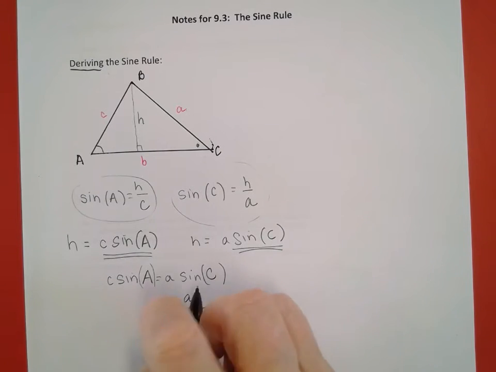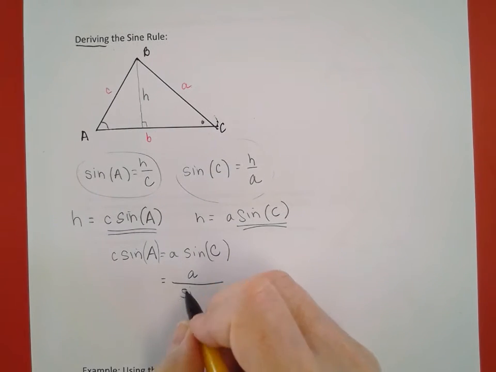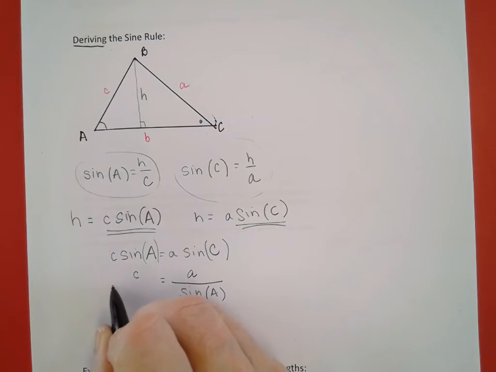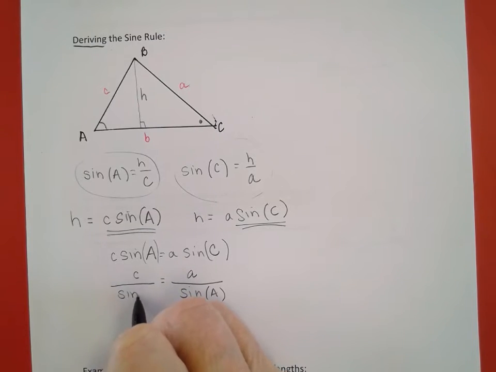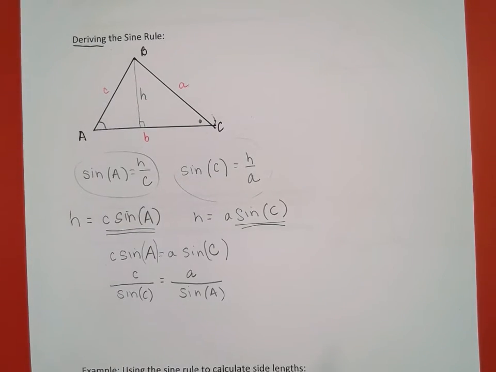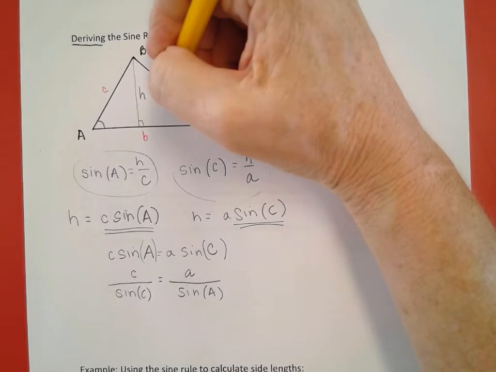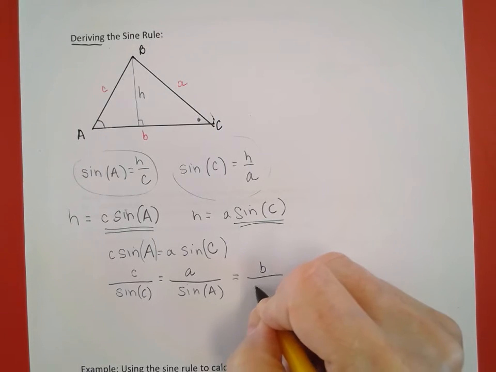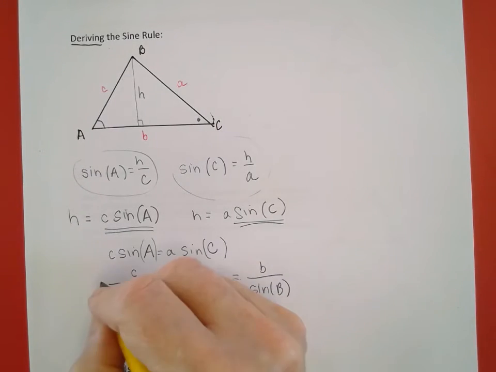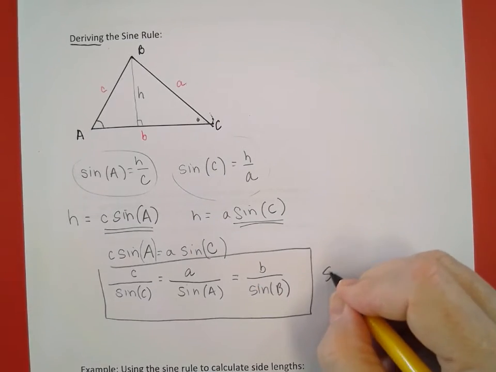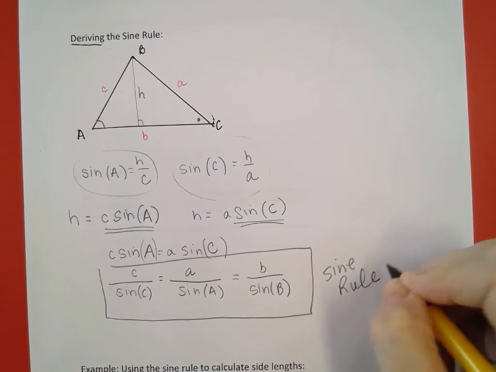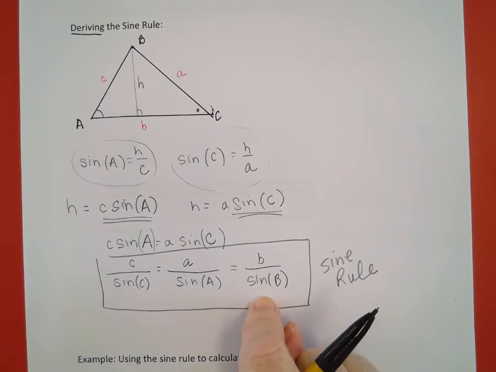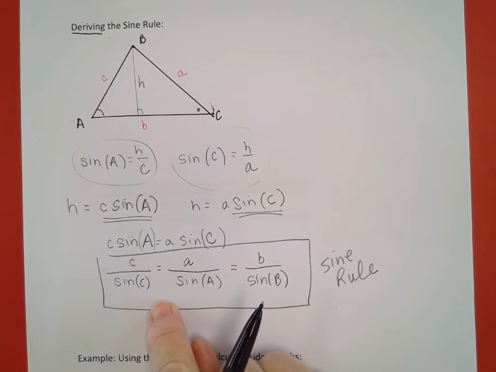a, little a, the side, over the sine of the angle A is equal to side c over sine of angle C. I could go through this one more time with a different height, and I'd get that that's also equal to b over sine B. So this is the sine rule, which you will never have to derive, but it's the sine rule to find sides and angles of a triangle when it's not a right triangle.